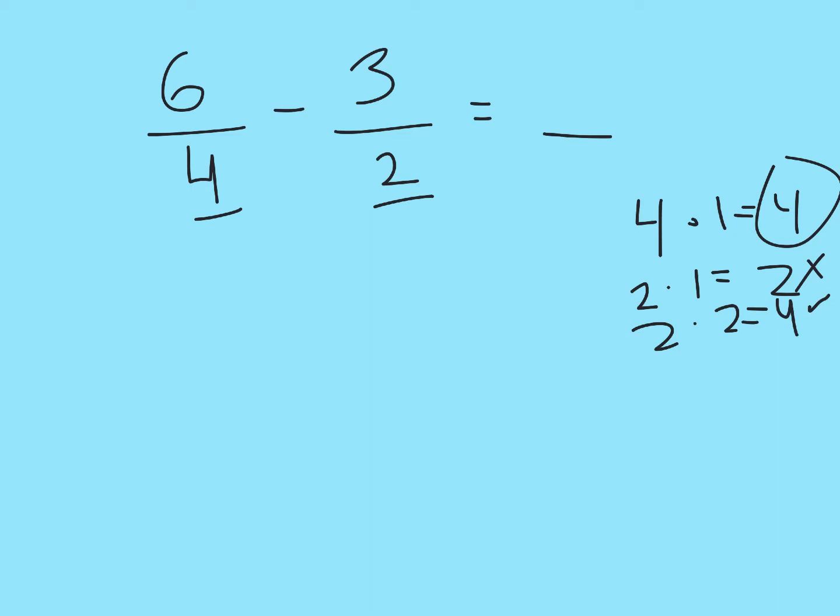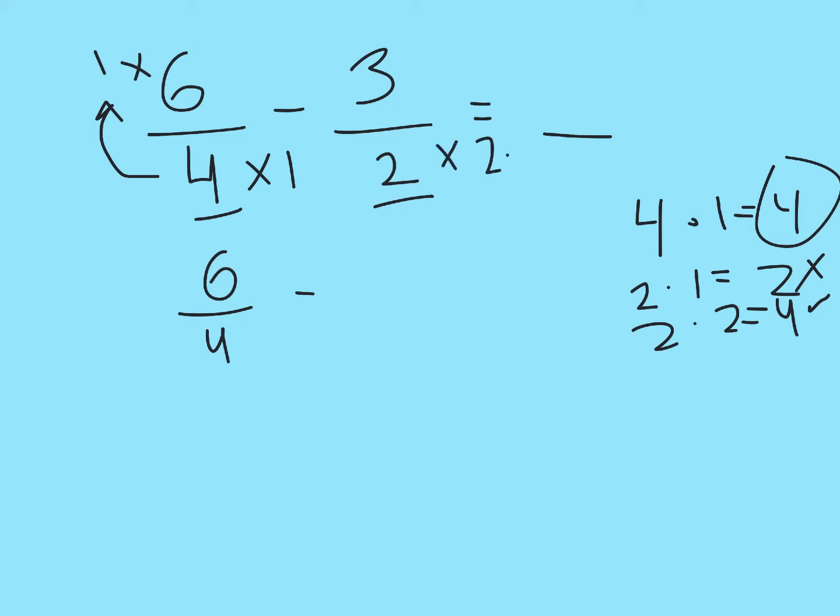And what are we going to do? So what times 4 gives me 4? Well, times 1. So I'm going to do this one here, and this will give me 6/4 because it stays the same. And then what times 2 gives me 4? 2 times 2.